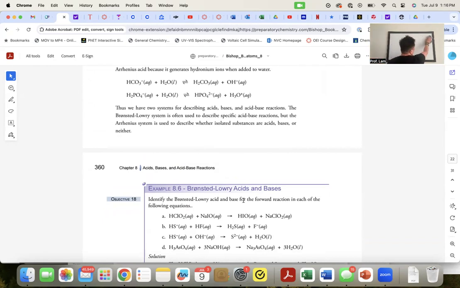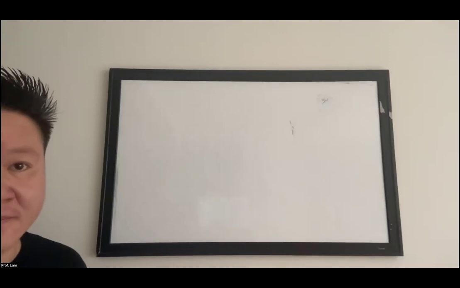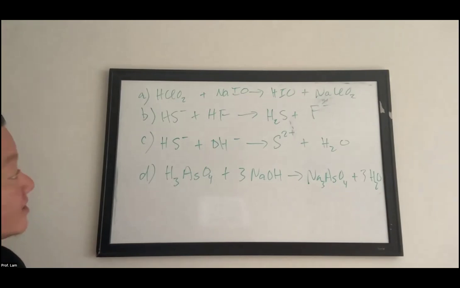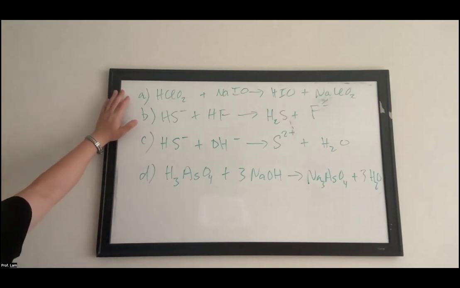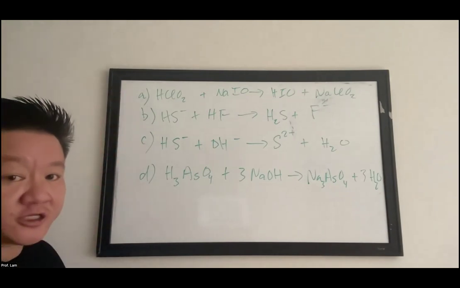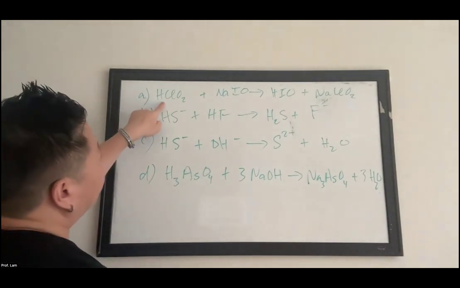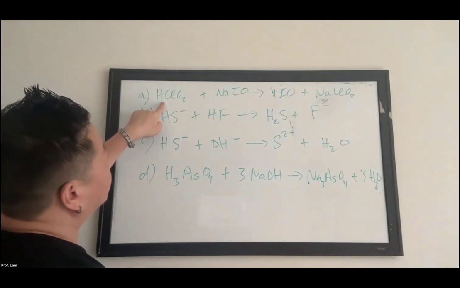So let me just put those reactions on the board, and then we are going to do them together. Okay, so for each of these, we're going to identify the acid, the base, and then the conjugate acid and the conjugate base.